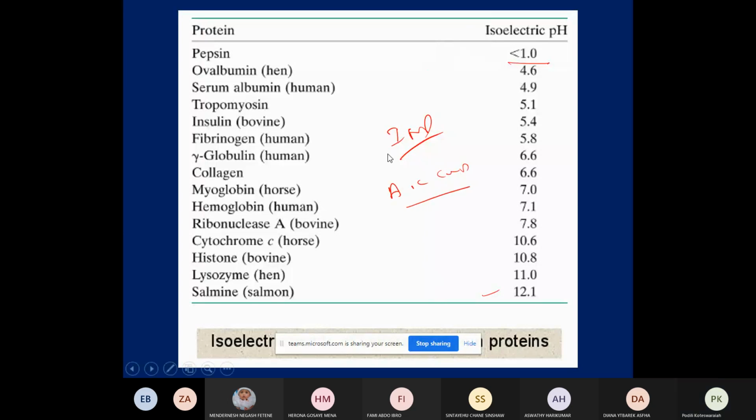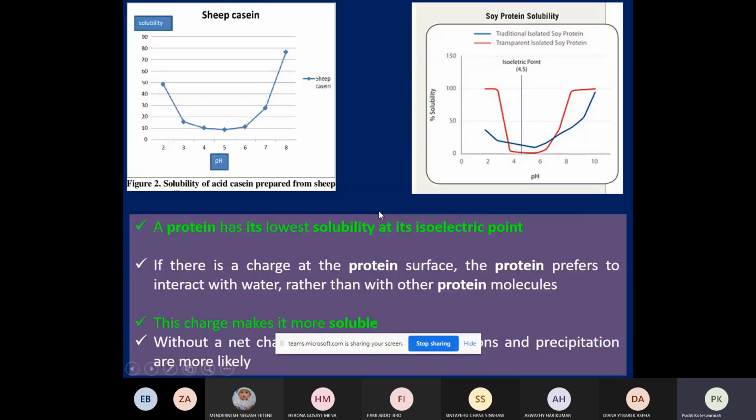That means if the protein has more basic amino acids in its structure, its pI value lies on the alkaline side, and if it has more acidic amino acids, its pI value lies on the acidic side, and so on. Therefore, the pI value depends on the composition of the amino acids present in a polypeptide chain.